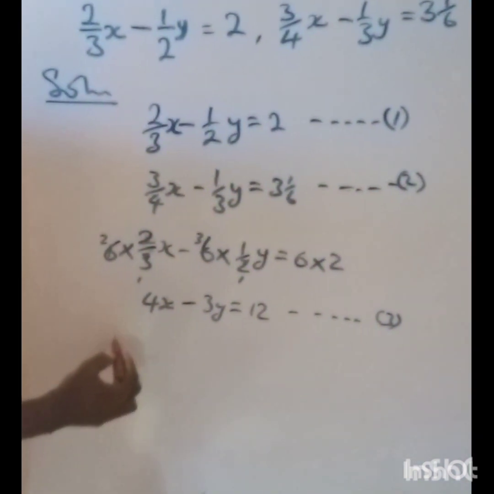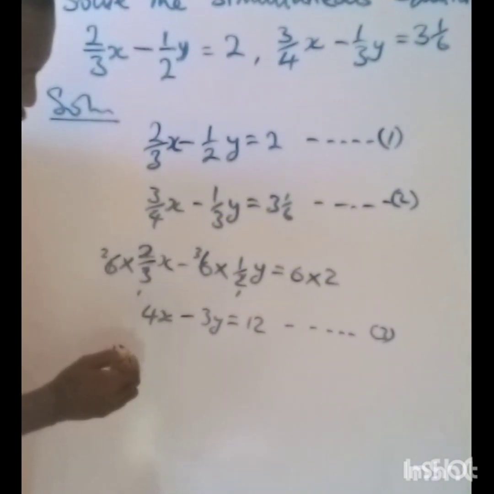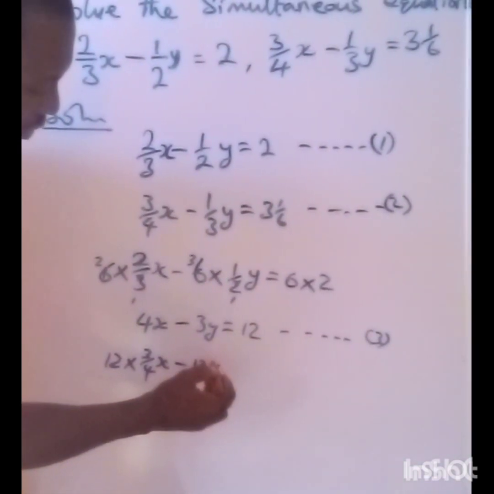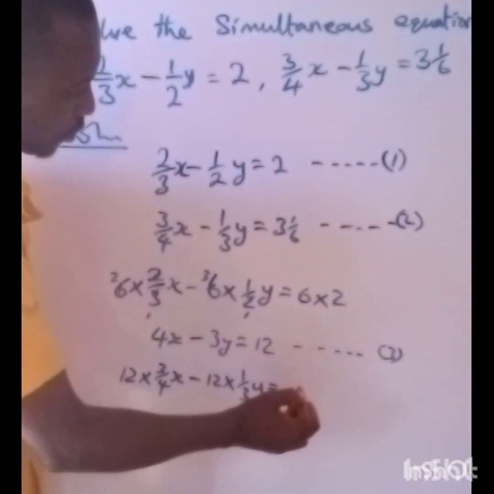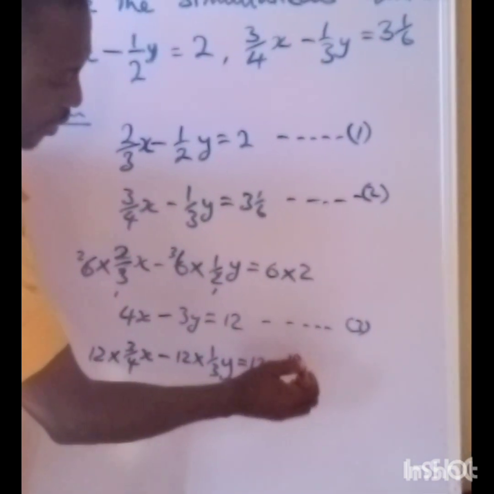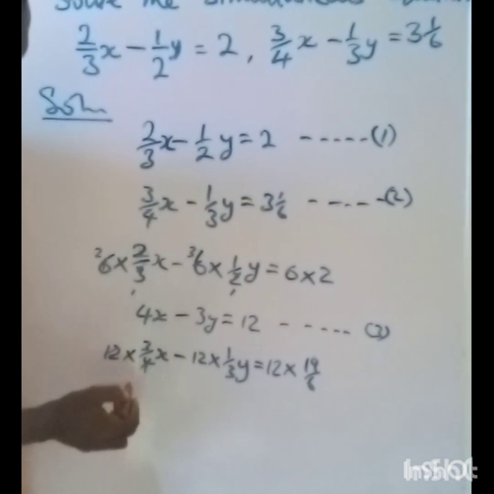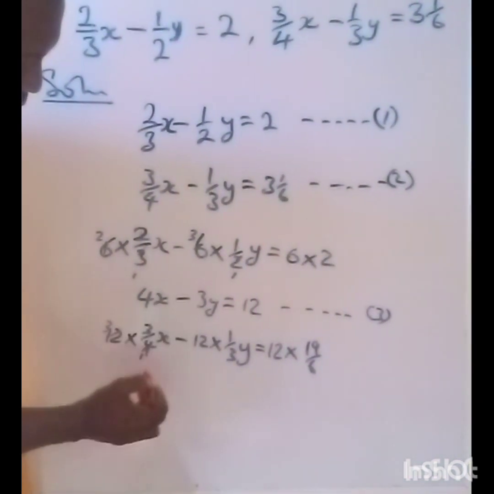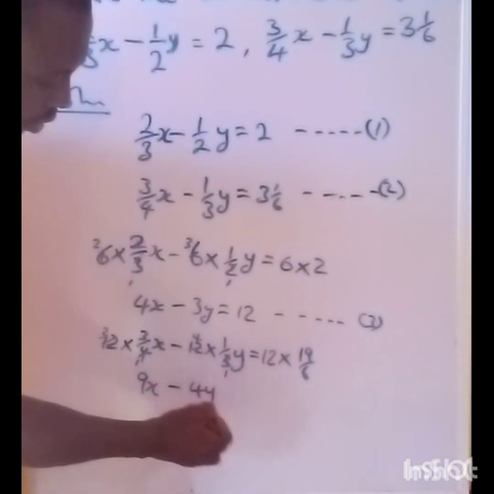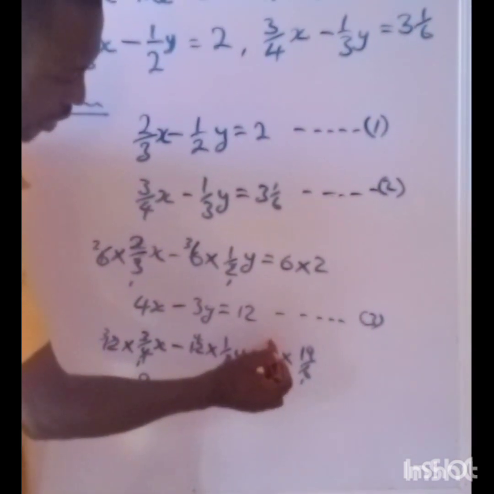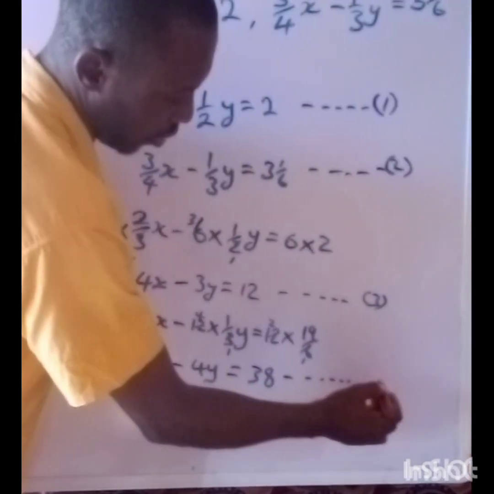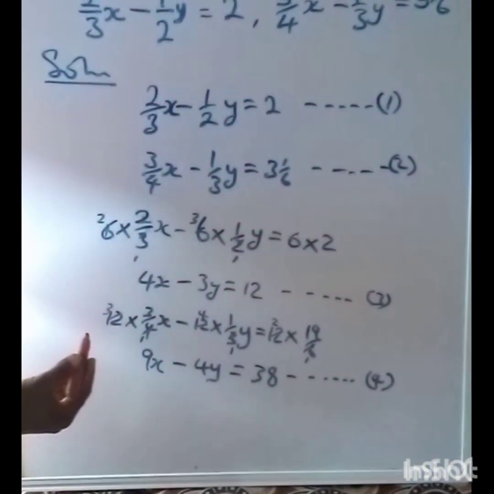So if we multiply through by 12, we have 12 times 3 over 4 x, minus 12 times 1 over 3 y, equal to 12 times 19 over 6. 4 here is 1, 4 in 12 is 3. 3 times 3 is 9x, minus 3 here is 1, 3 here is 4, 4 times 1 is 4y. 6 here is 1, 6 here is 2, 2 times 19 is 38. This becomes equation 4.